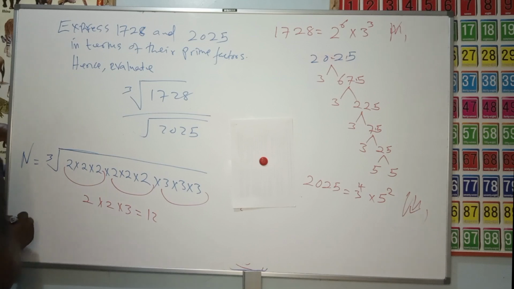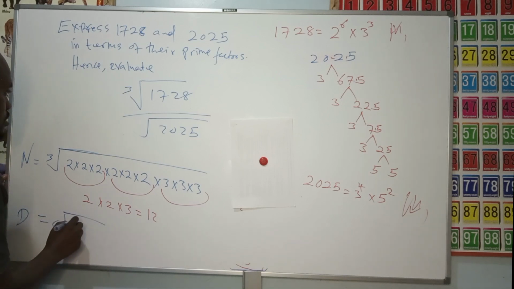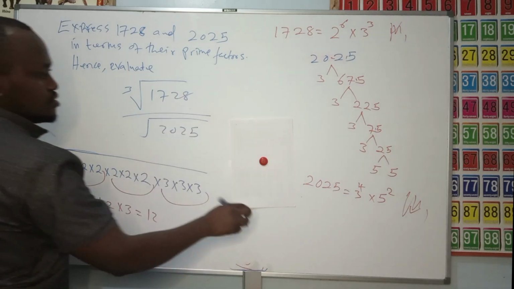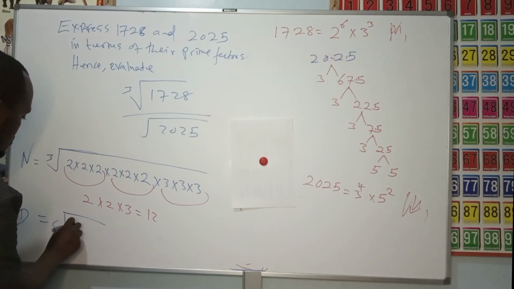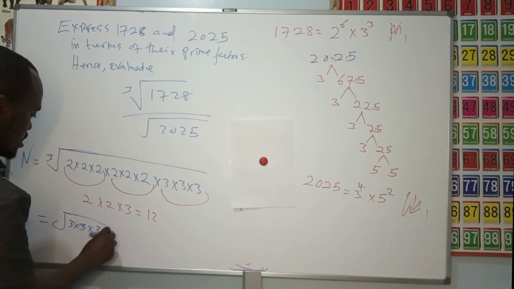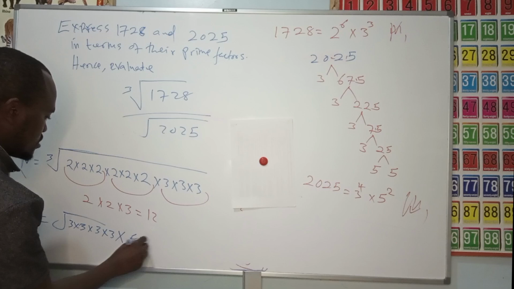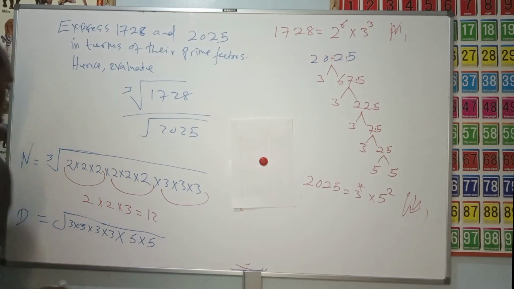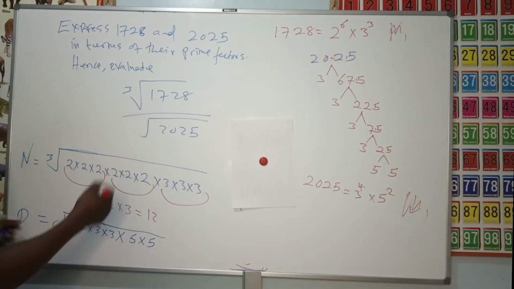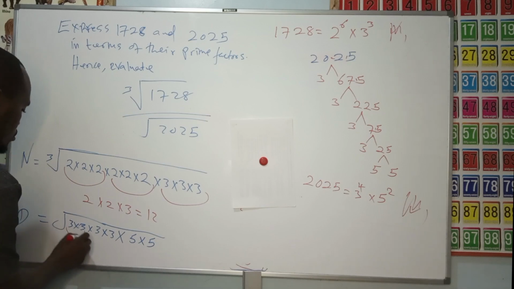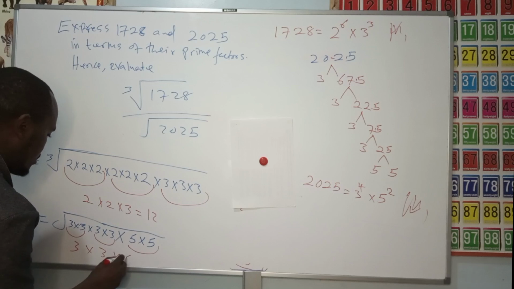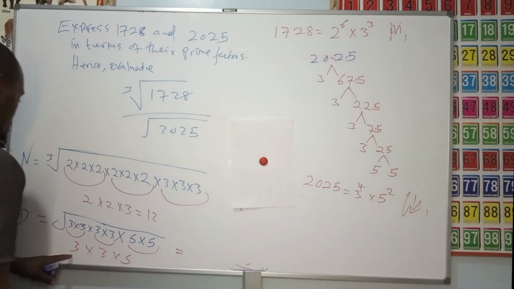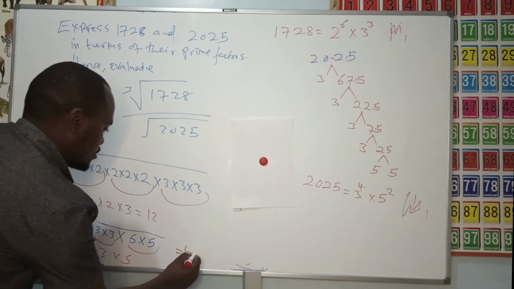Then the denominator is the square root of 2025. Instead of writing 3 raised to 4, you say 3 times 3 times 3 times 3, times 5 times 5. And then it is the square root, not the cube root, so you take pairs. So you have 3 times 3 times 5, and the denominator is 45.